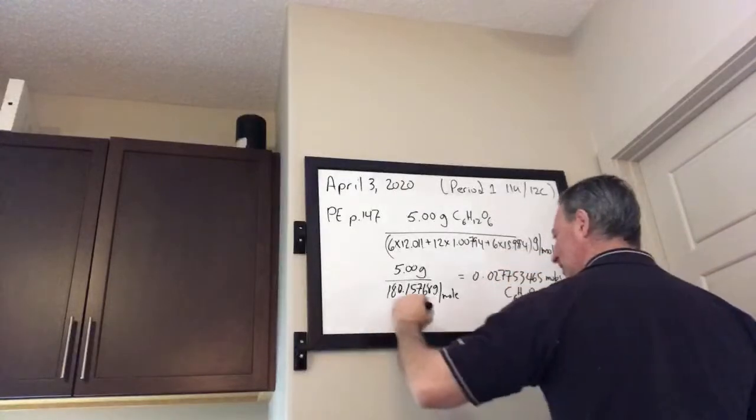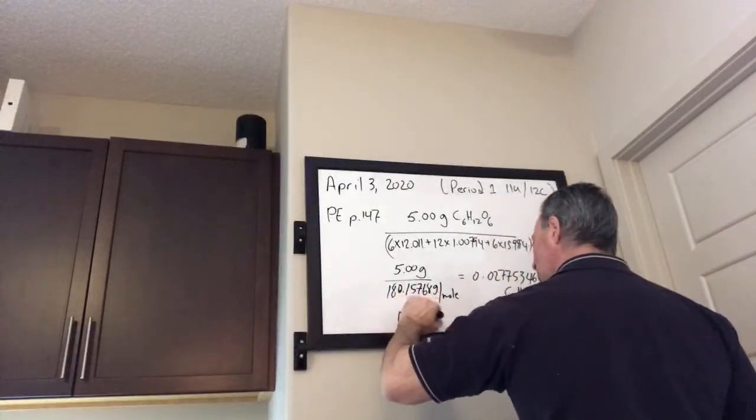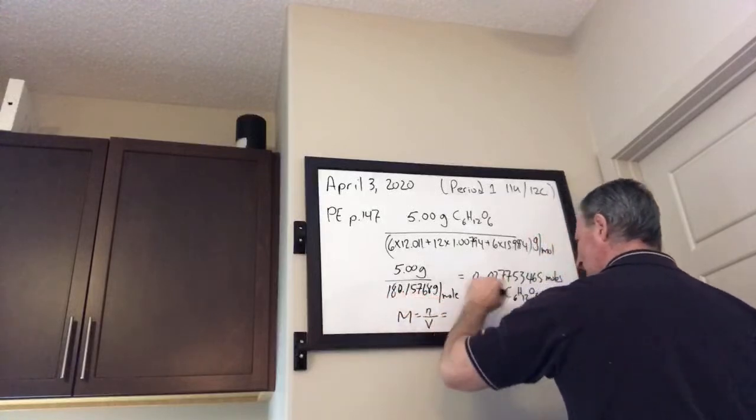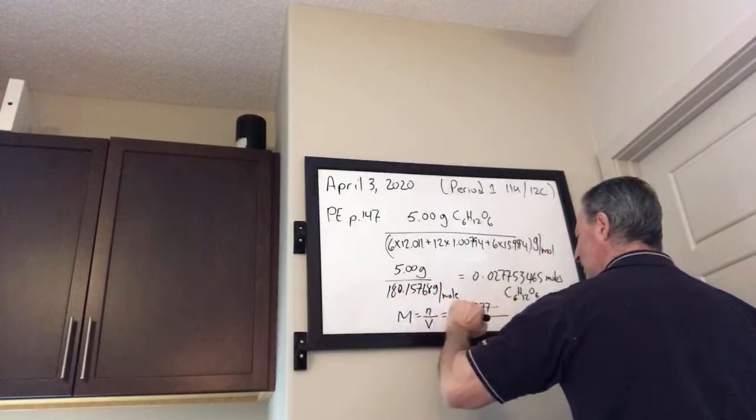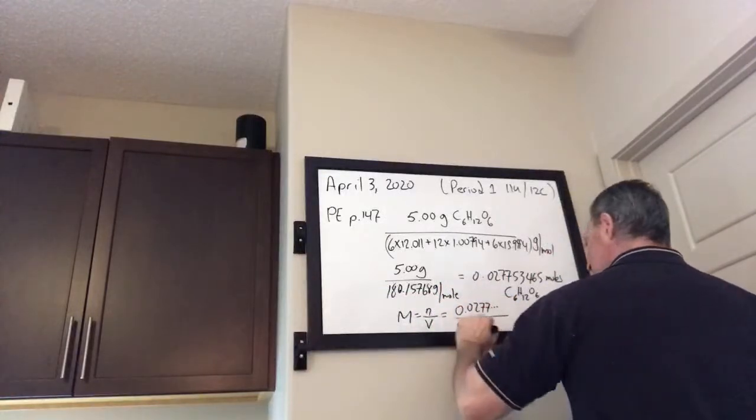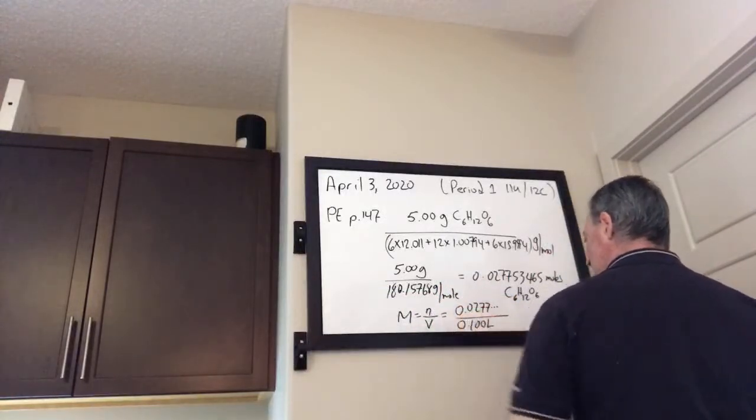But recall that a molarity is equal to the number of moles divided by the volume of the solution. So you have this number, 0.0277, etc., divided by 0.1 of a liter, because that's what 100 milliliters equals.